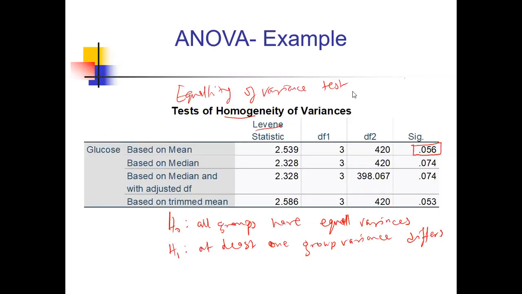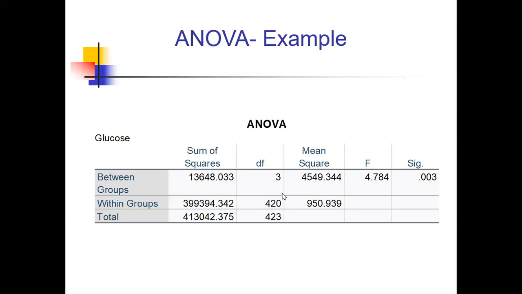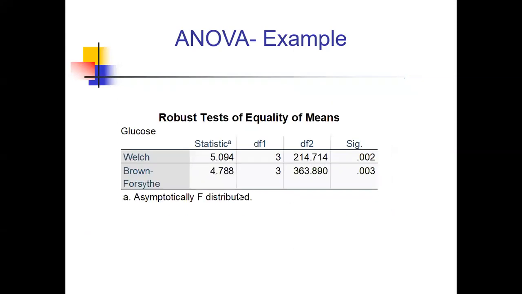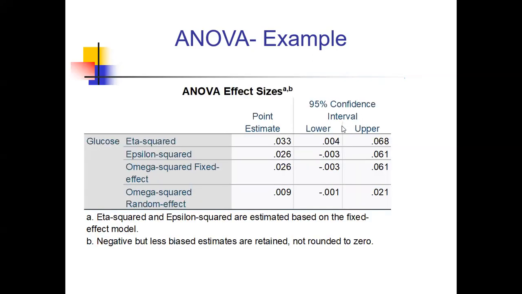But if this test is failed, if this condition is not met, that is, if your p-value is less than 0.05, it means that one of the groups has a variance that is different from every other group. Then you will not interpret the ANOVA table. The result you interpret will be the robust test for equality of means. Okay, and I should have placed it just behind that. I think that might be better.